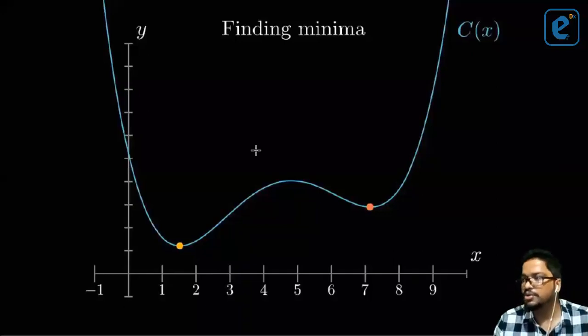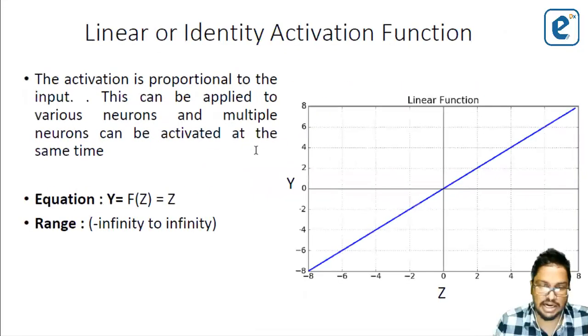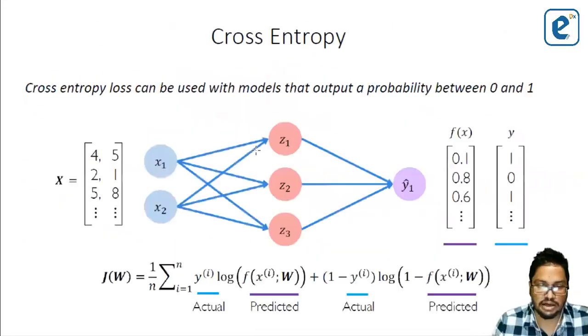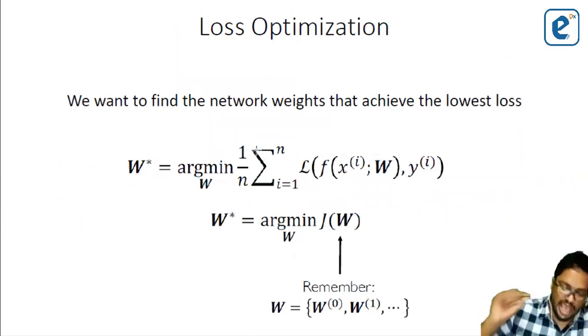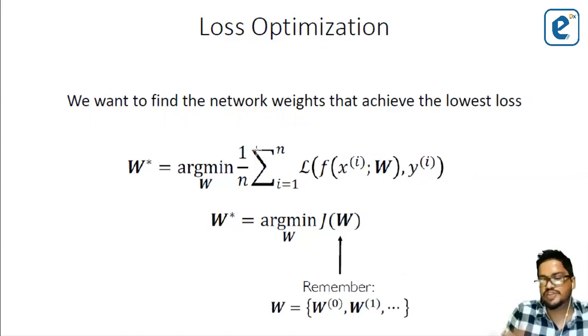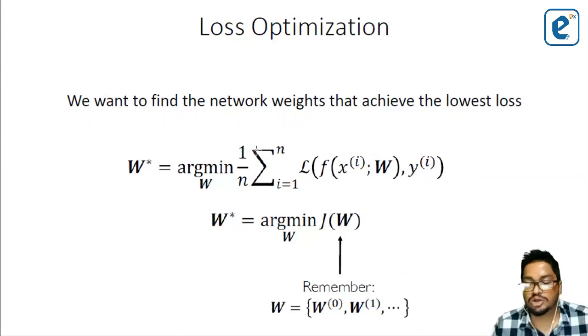So in order to do this, we discussed the gradient descent algorithm. We have to optimize the loss. That means we have to find the optimal values of weights and biases which give the minimum loss, right? So that's what you call loss optimization.